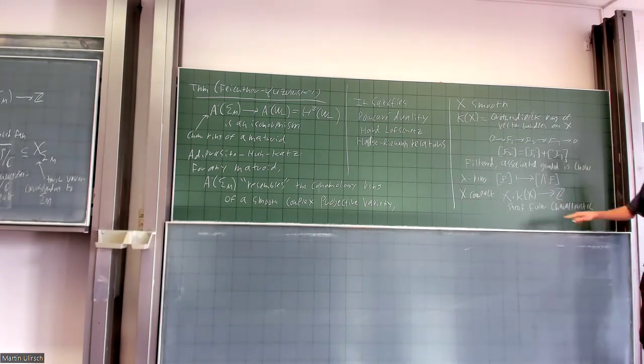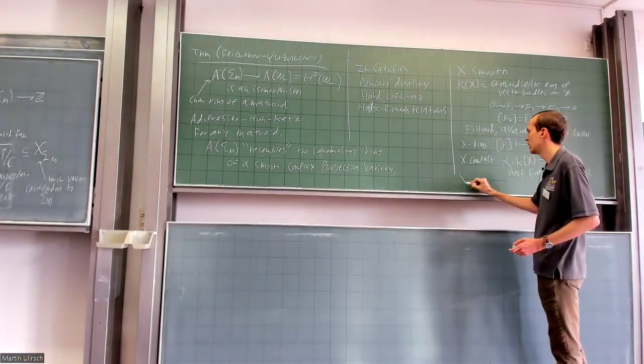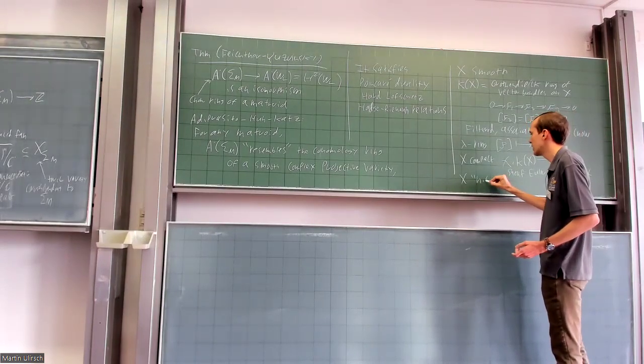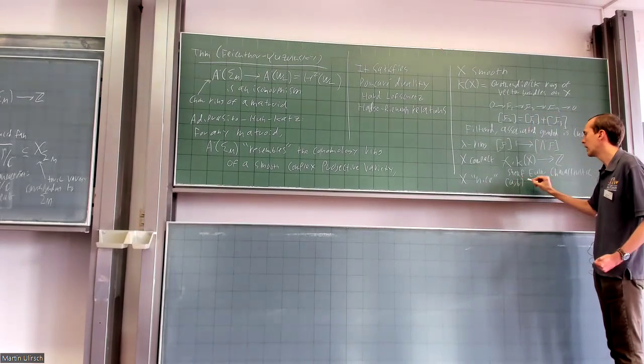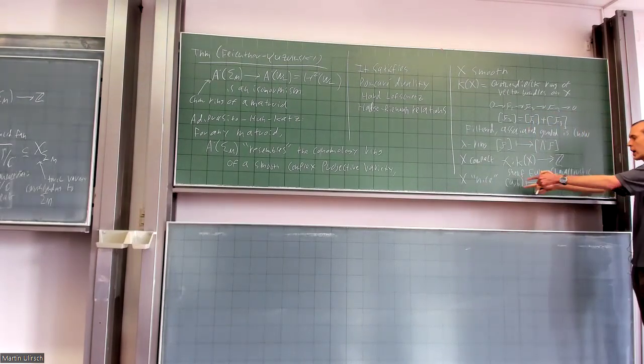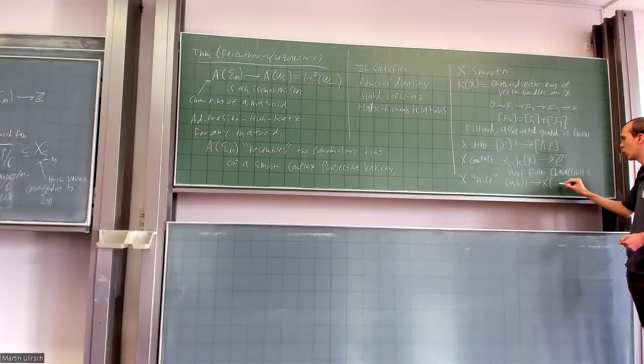So the existence of such a map really requires X to be compact. And if X is nice, then the pairing AB, where you take two K classes and map them to the Euler characteristic of the product, is a perfect pairing.